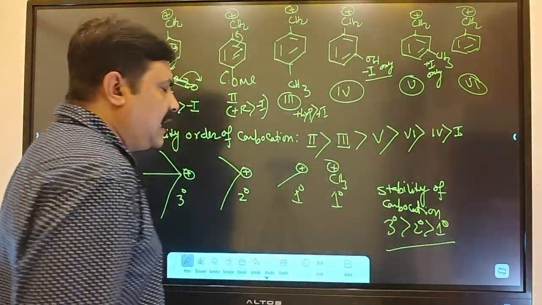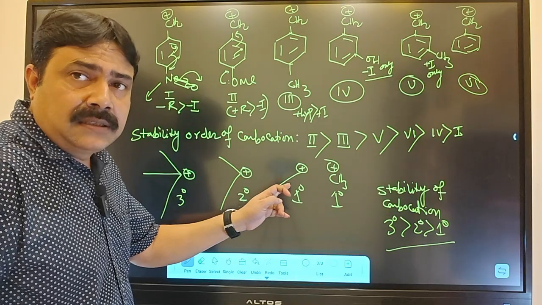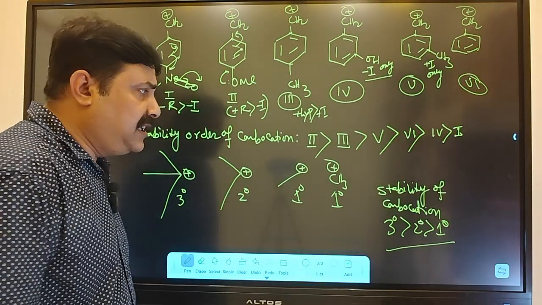Always remember, and among the 1 degree ones, methyl will be the least stable.